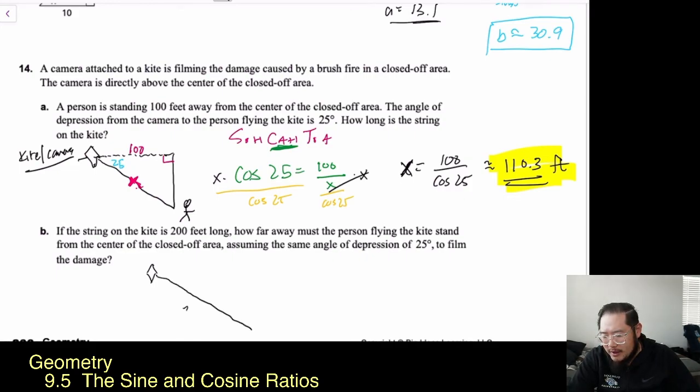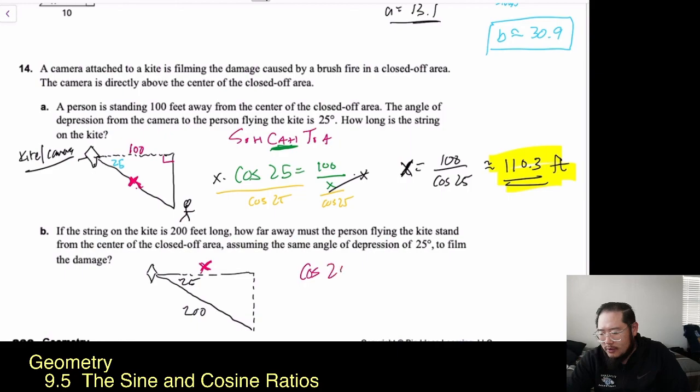They're saying that the hypotenuse is 200 feet. Same angle of depression, right? This angle of depression right here is still 25 degrees. And then it says, how long is the person standing away? And x will now be the adjacent part. Okay? So let's go ahead and repeat the process.